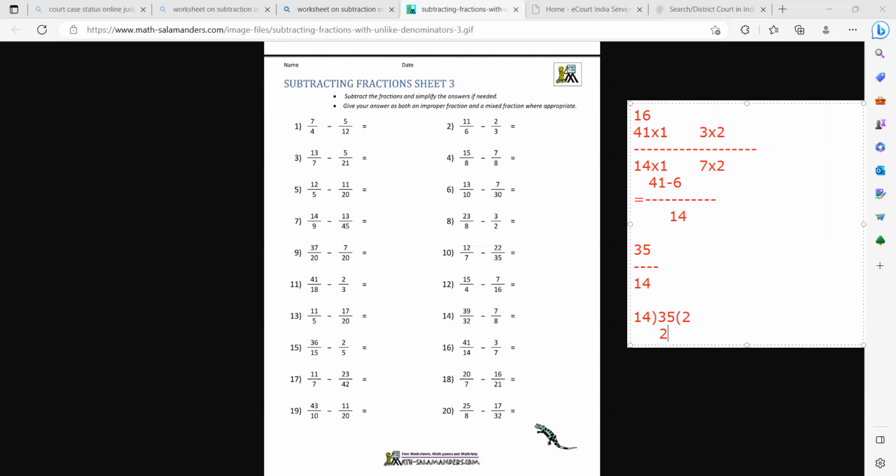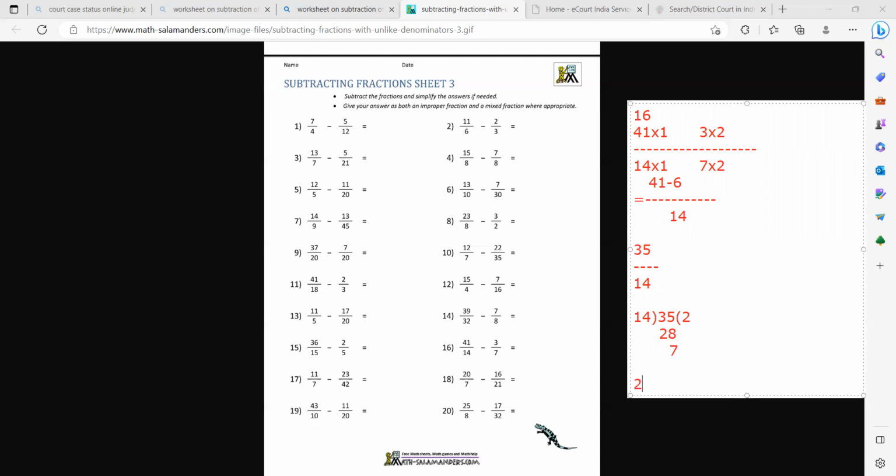2. So 35 minus 28 is 7, and 3 minus 3 is 0. So 2 whole 7 by 14 is the correct answer.